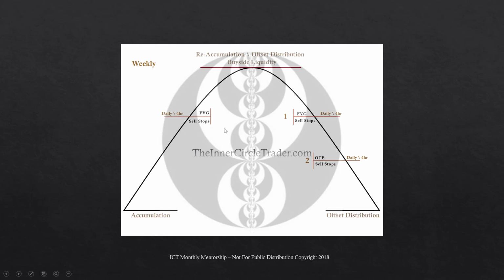Once we have a level of premium, in other words, how high it can go, then we start specifically breaking down the PD arrays from a premium standpoint. And then we map those out for buy-side liquidity, in other words, something above current price over here, prior to the expected run up to create a selling opportunity.